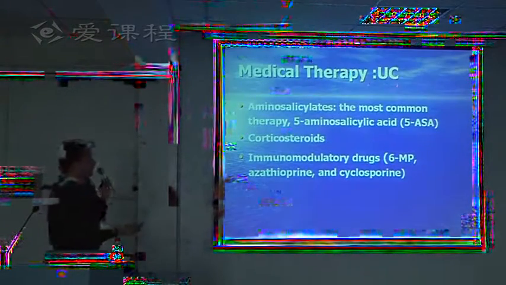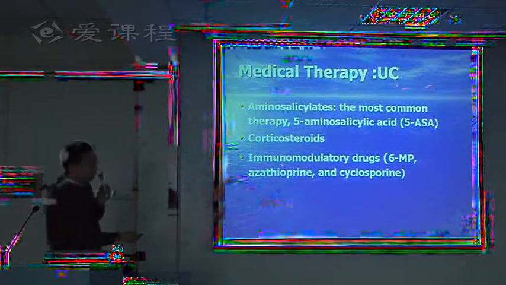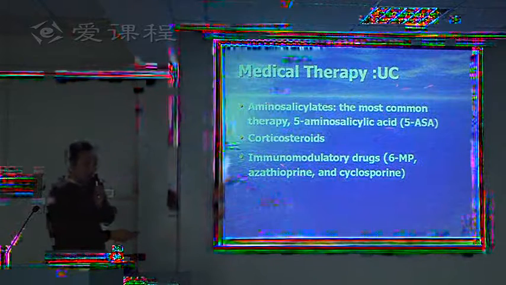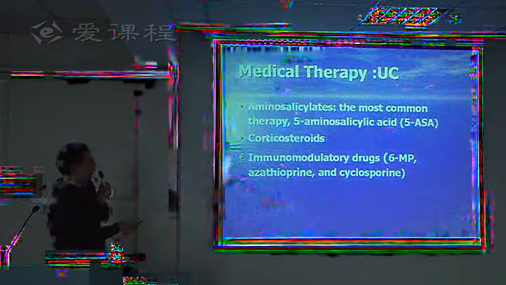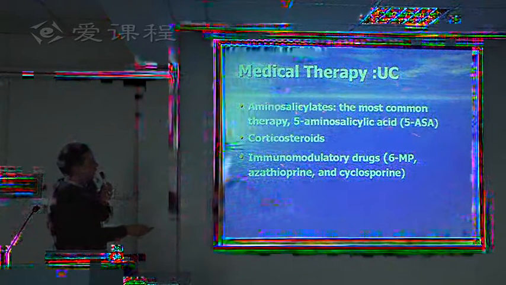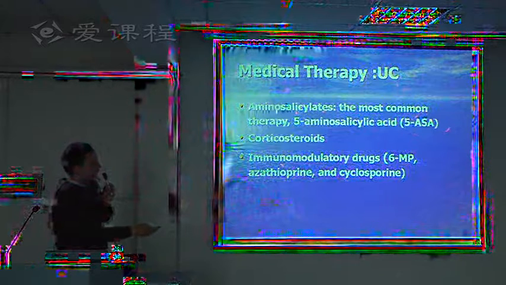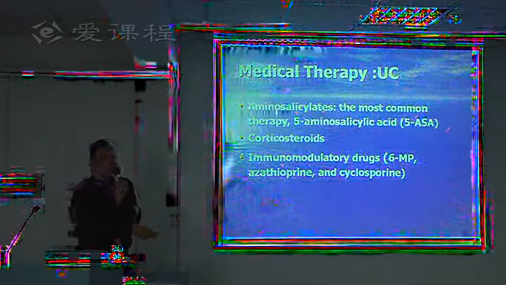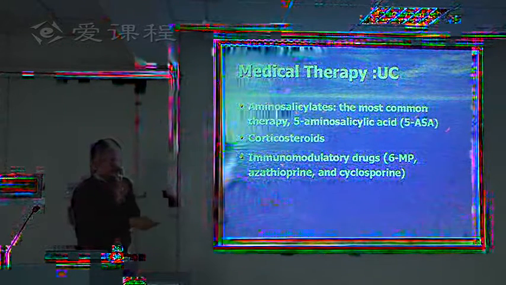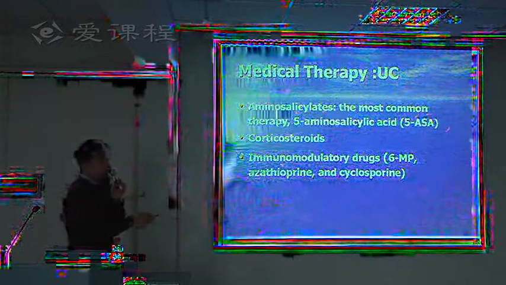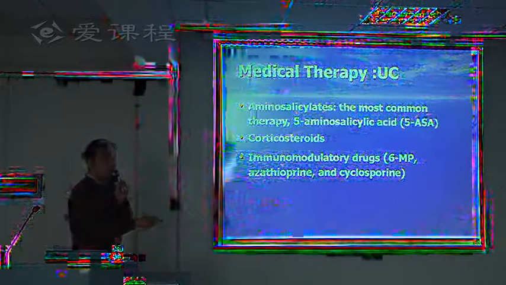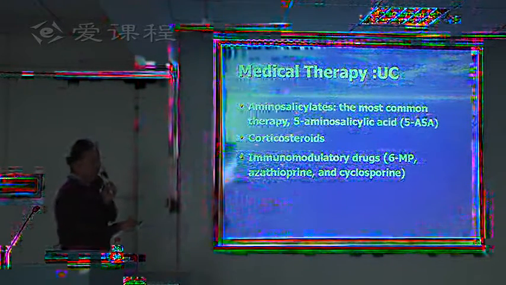So the medical therapy for UC, there are 3 different kinds of medications. One is aminosalicylates. So this is 5-ASA. This is the most commonly used, especially in mild or moderate patients. And if this is not effective, then we try corticosteroid.